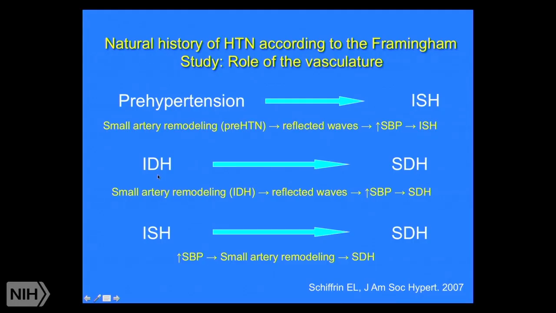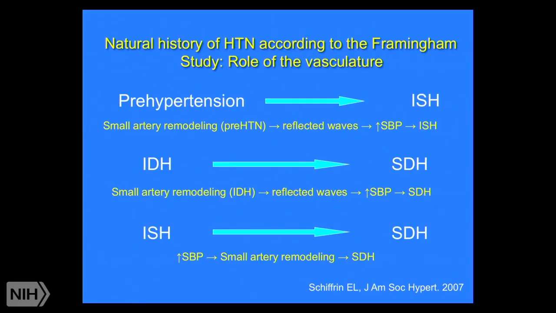In isolated diastolic hypertension, small artery remodeling contributing to increased peripheral resistance, again through reflected waves, led to increased systolic and eventually systodiastolic hypertension.